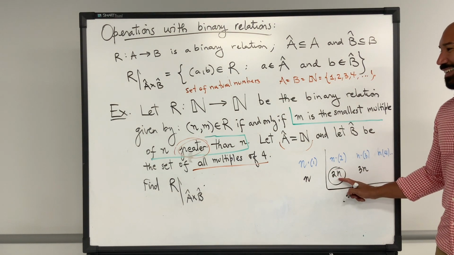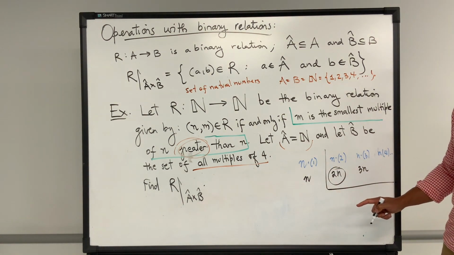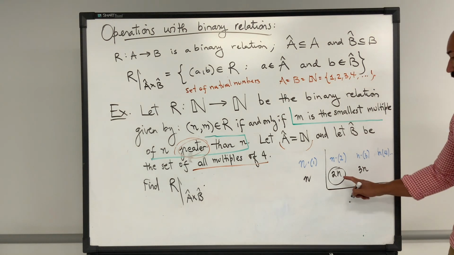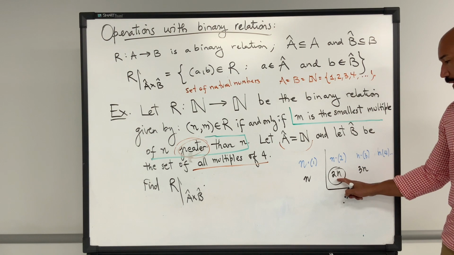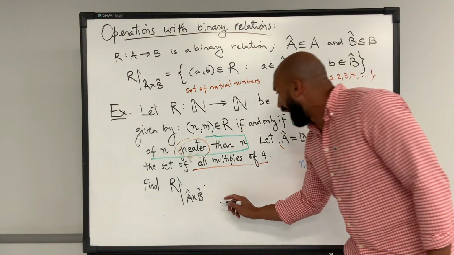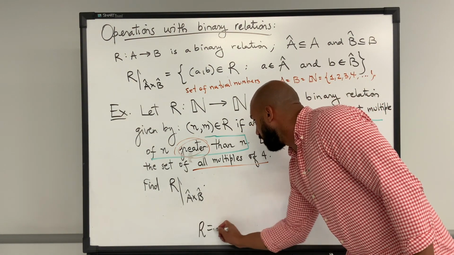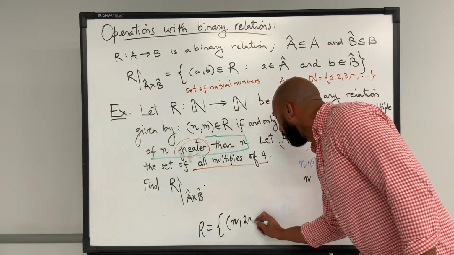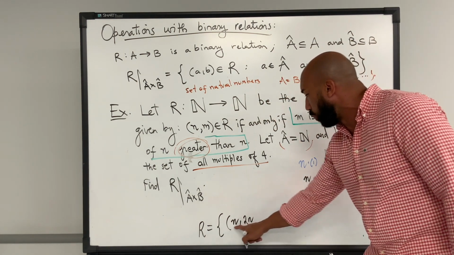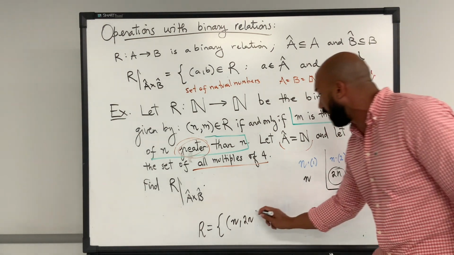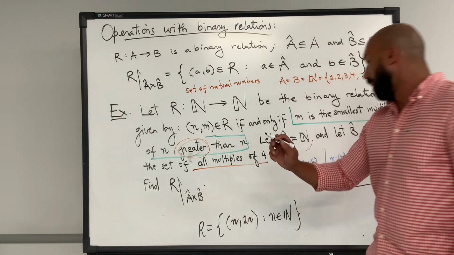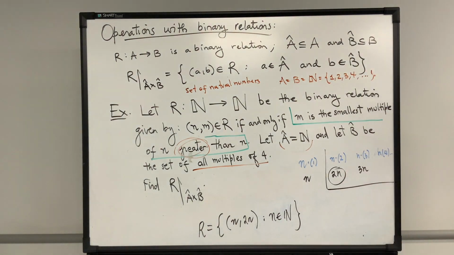So that means that n is going to appear as the first component in exactly one pair, and the second component of that pair is going to be twice n, which means that R can be extensionally described as n to 2n, because we have concluded that 2n is the smallest multiple greater than n, where n is any natural number. Okay?